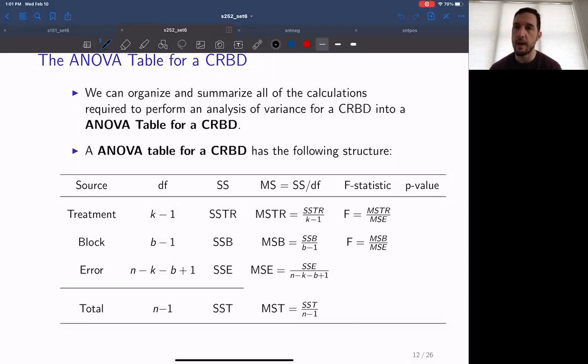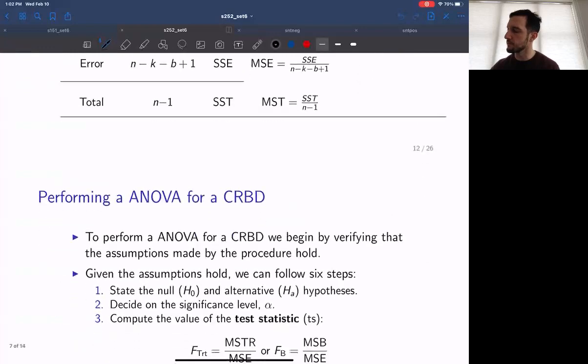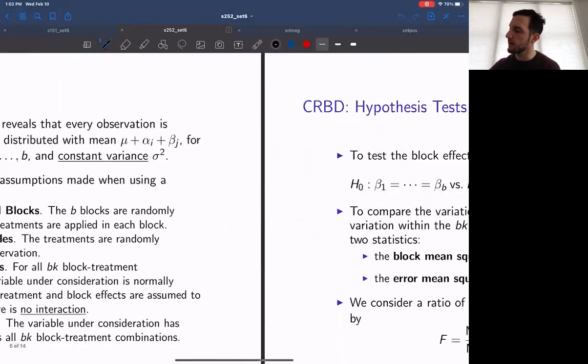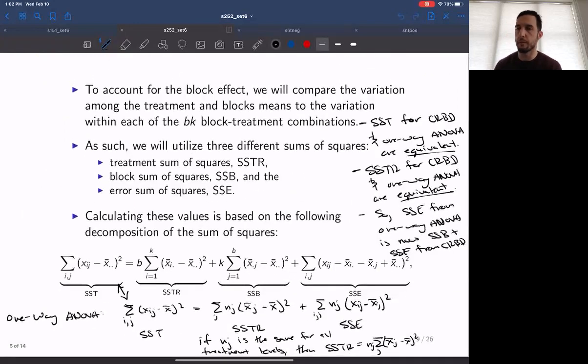So this entry is meant to designate that we have taken information from the total variation and pulled it out of the error term. The reason that it gets pulled out of the error term can be seen more directly when we compare the decompositions of the sum of squares for the one-way ANOVA and for the completely randomized block design.